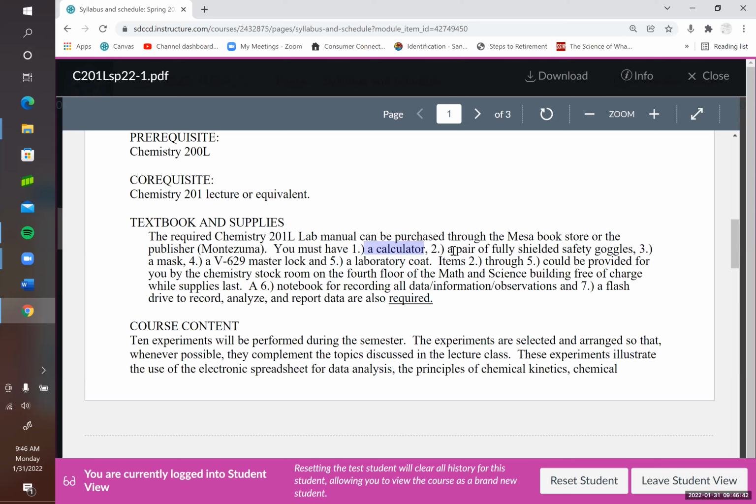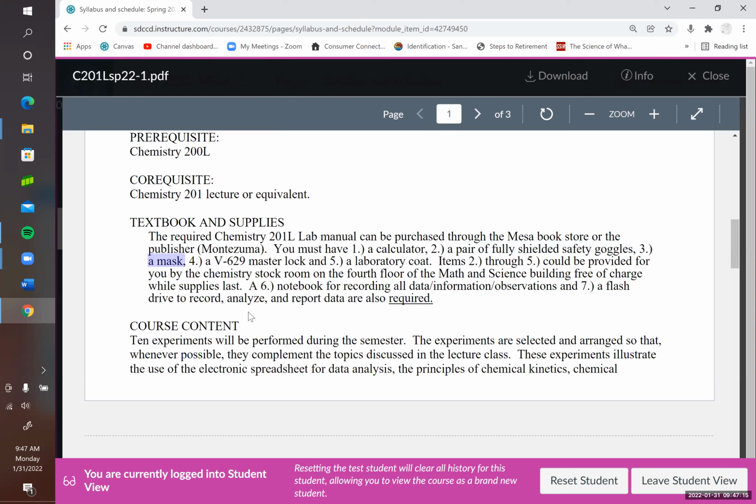You're going to need a pair of fully shielded safety goggles to protect not only if things try to fly at your eyes from the front, but also from the sides. So make sure that they're goggles and not glasses. We're going to need a mask because of COVID.